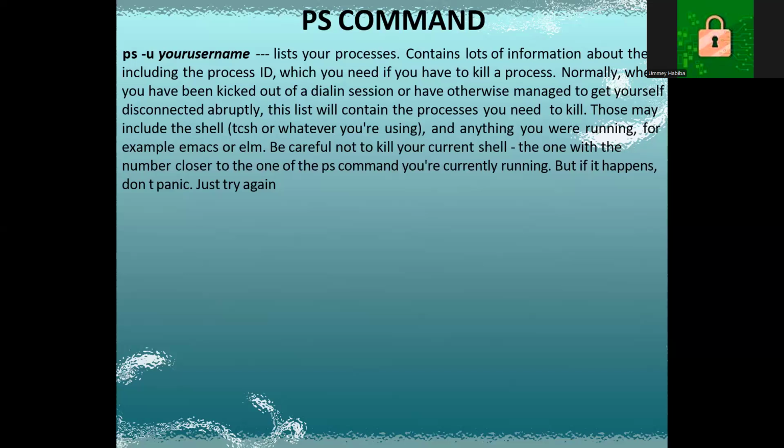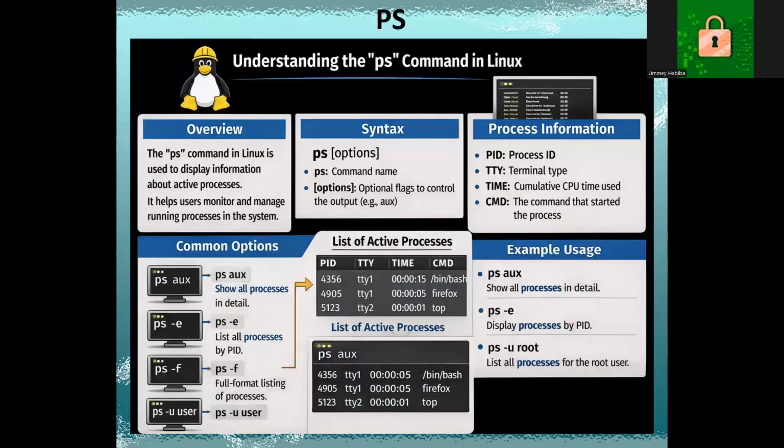When the ps command is executed without any option, it shows the processes associated with the current terminal. The output usually contains columns such as PID, like process ID, TTY, like terminal type, TIME, cumulative CPU time used, and CMD, the command that started the process.